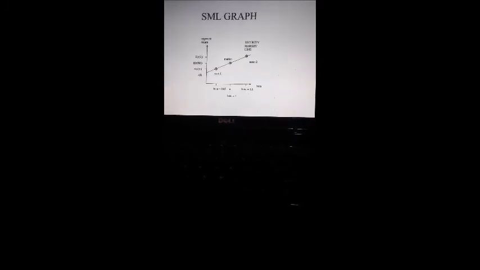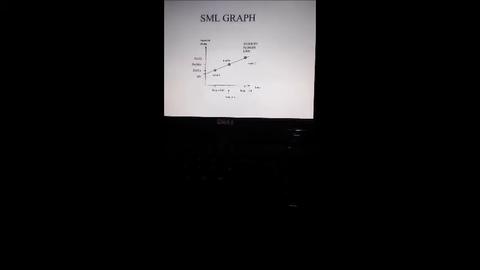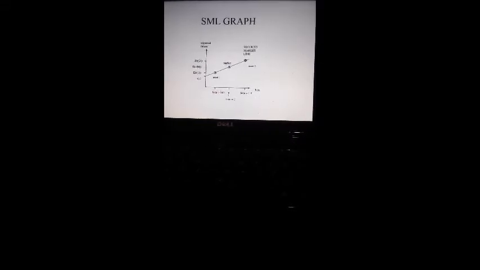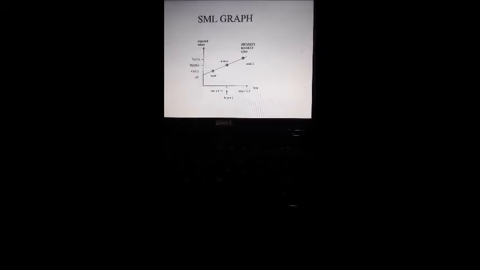Now we have a graph which shows the security market line. We have the vertical axis, which shows the expected return, and the horizontal axis, which shows the risk, measured by the beta. This line is drawn from the risk-free rate of return.